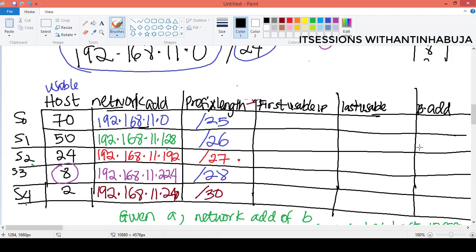When you see the address, it refers to the broadcast address. So for us to know the first usable IP address, all you need to do is add 1 to the network address.